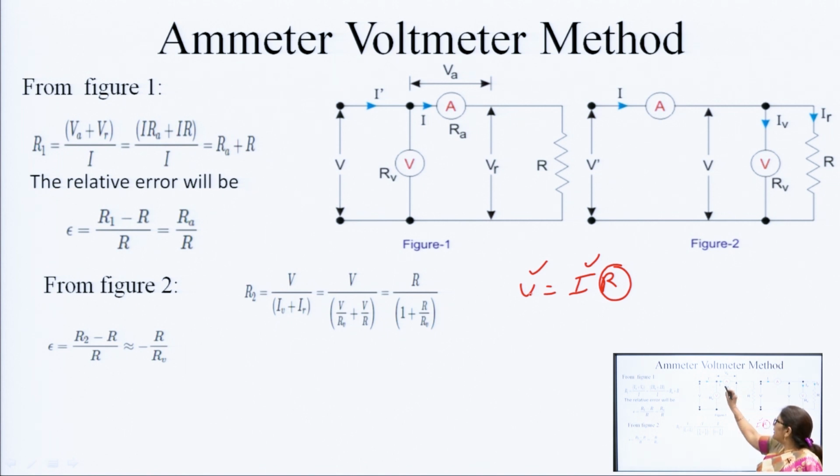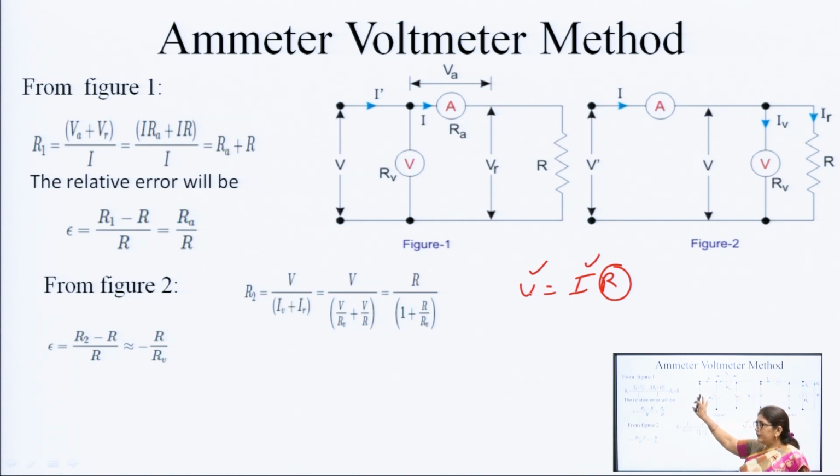First, we will place a voltmeter across the circuit whose resistance we want to measure. We will connect the 2 terminals across that resistance, so the voltage across that resistance is measured by this voltmeter, and then we will place an ammeter and then the resistance.